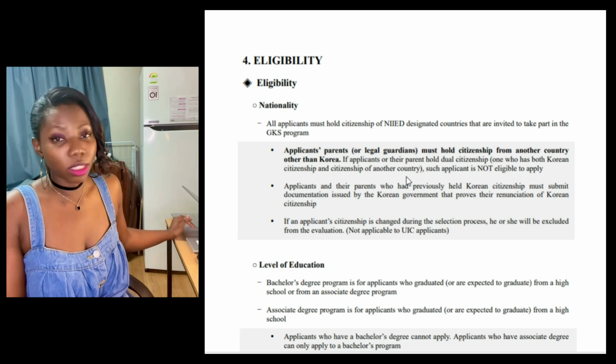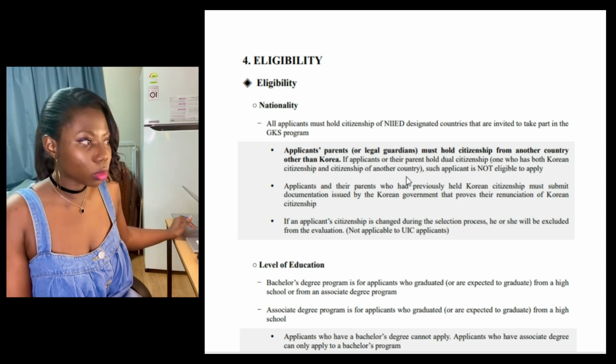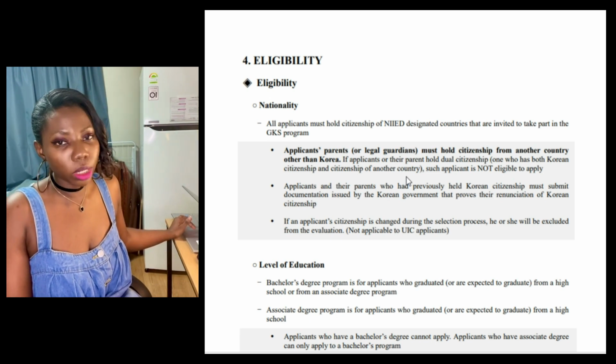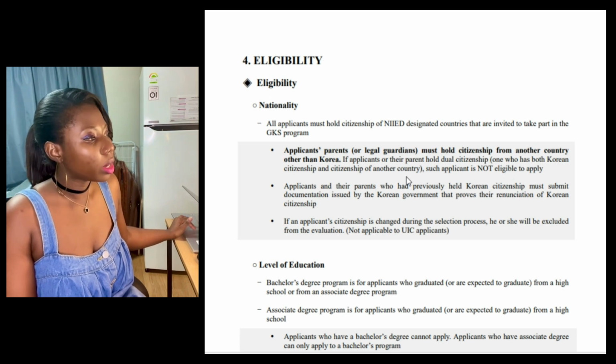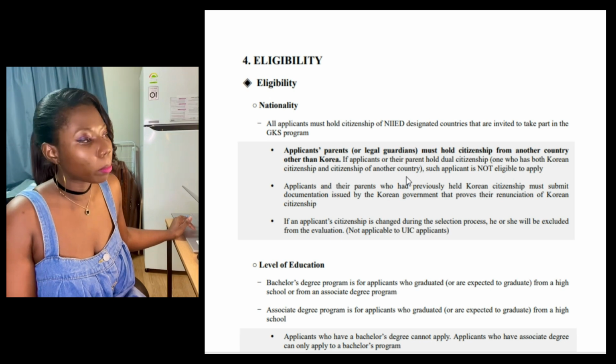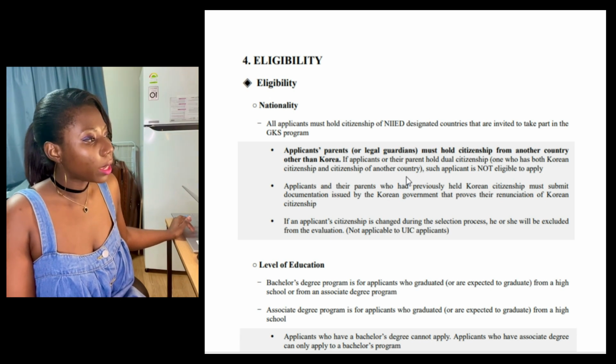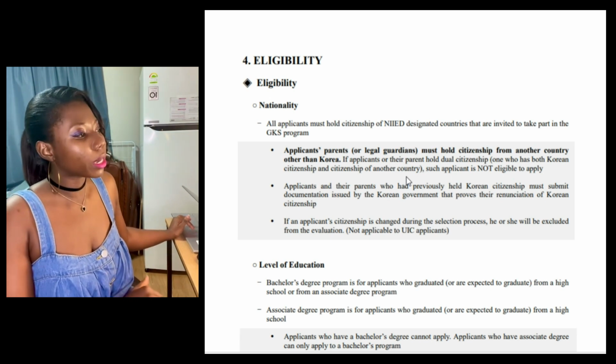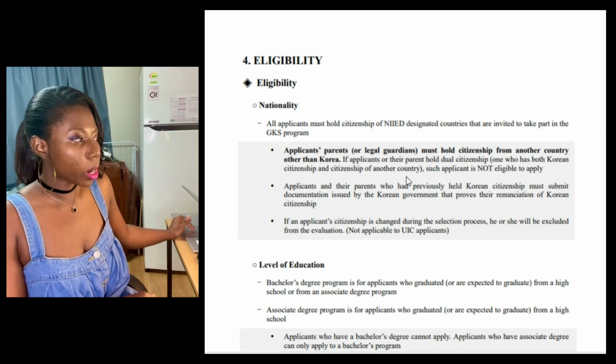Applicants who have a bachelor's degree cannot apply. All right, so if you have a bachelor's degree already, you can't apply for the scholarship. Applicants who have an associate degree can only apply to a bachelor's program, and applicants who are expected to graduate must first submit a certificate of expected graduation at the time of application.